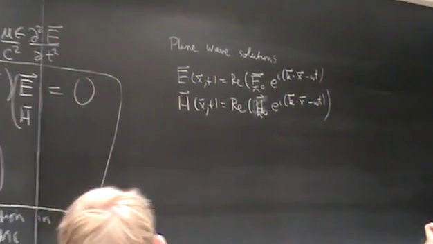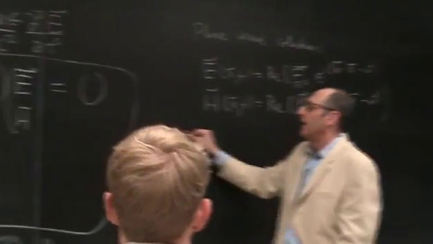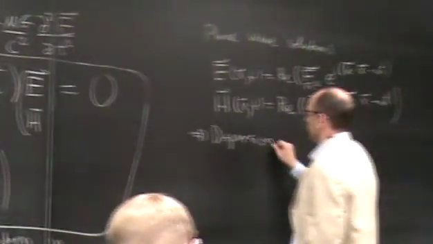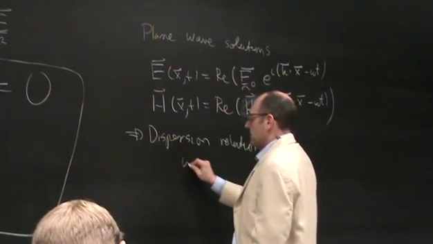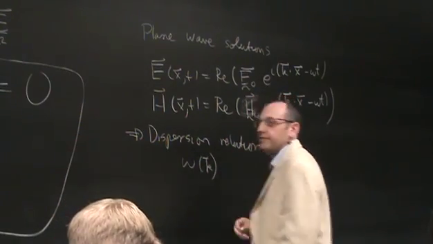The first thing we get when we plug this in is what we call the dispersion relation, which is the relationship between omega as a function of k or k as a function of omega.